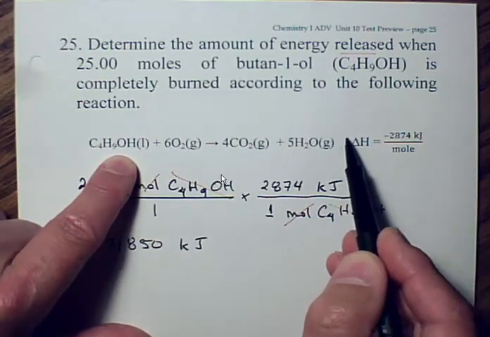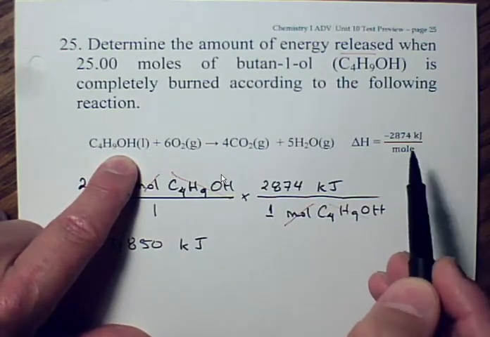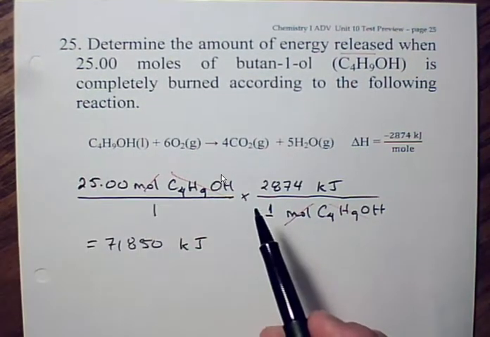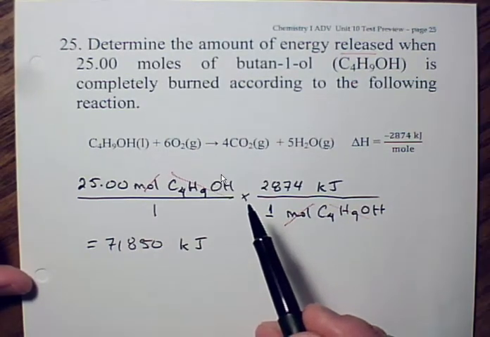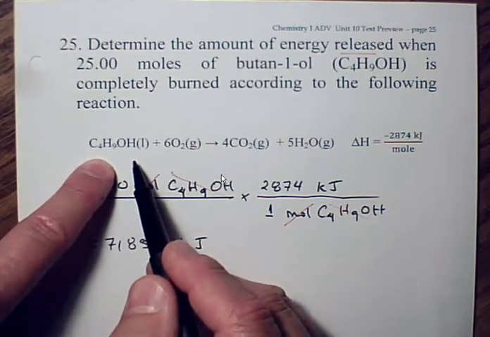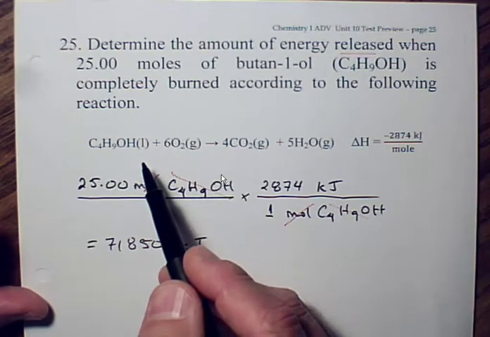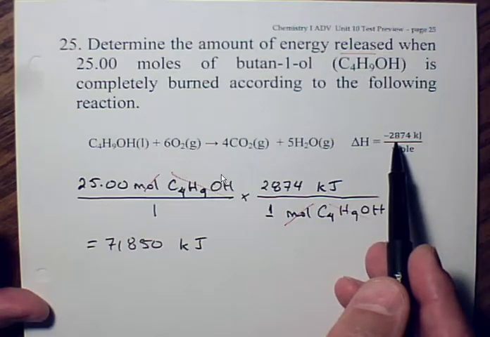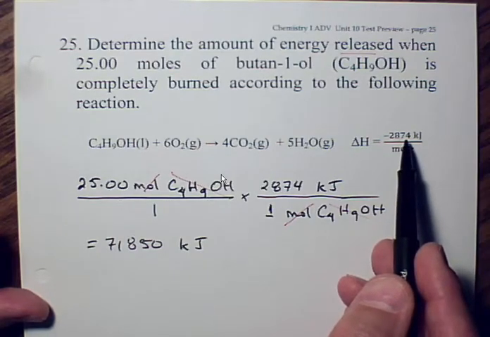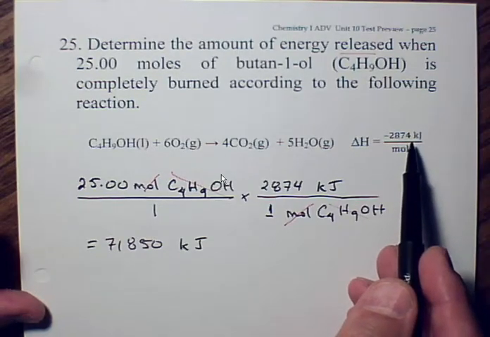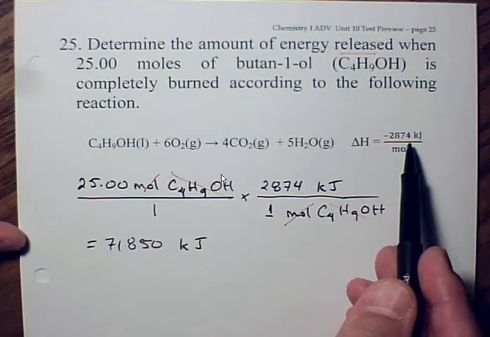When we write it like this, with delta H over here to the right, that just means that's the energy released from 1 mole of this chemical species. You can't change the amount of energy released for a particular species, but this is not butane, this is butan-1-ol. Butan-1-ol is 2671, not 2874, that's butane. So on the references I just wrote down the wrong number? Well, you use what I put down here in this case. You're right, I should have a different number there. Fair enough? All right.